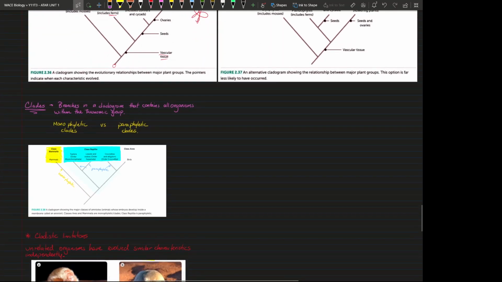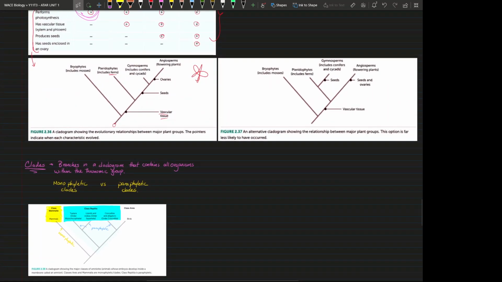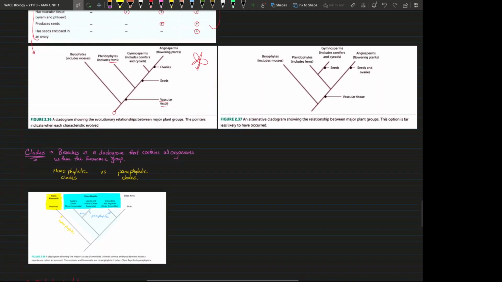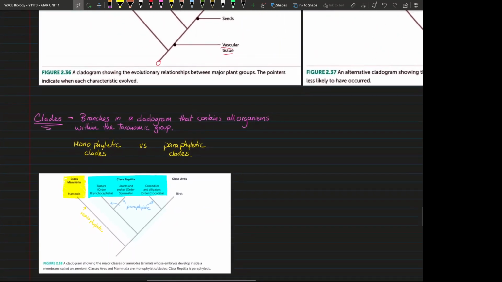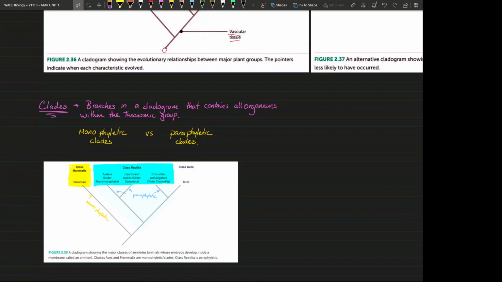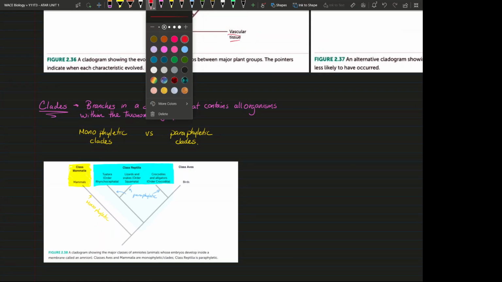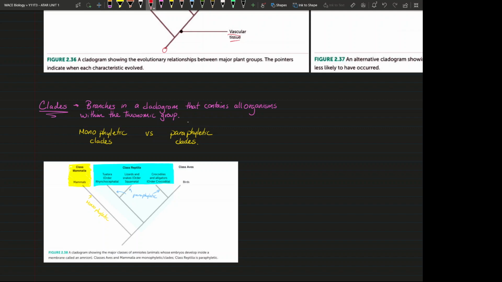All right? And so a little bit more information here. When you're talking about these branches, right, they're referred to as clades. And more specifically, scientists try to place, because remember, you're talking about classification and also evolutionary history, right? So you're trying to place all these organisms as accurately and as detailed as possible into one group, right?